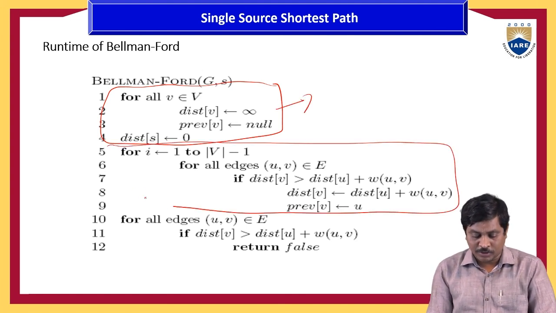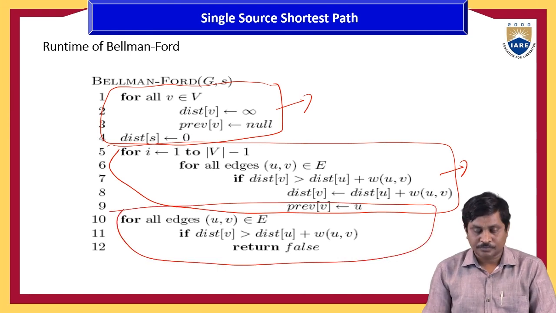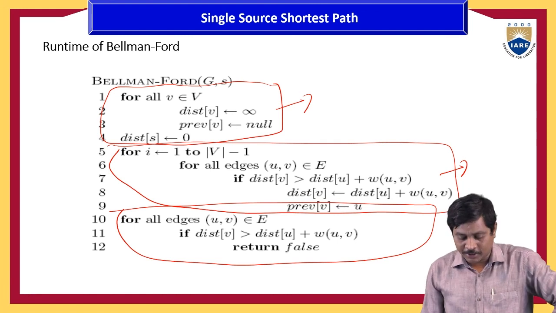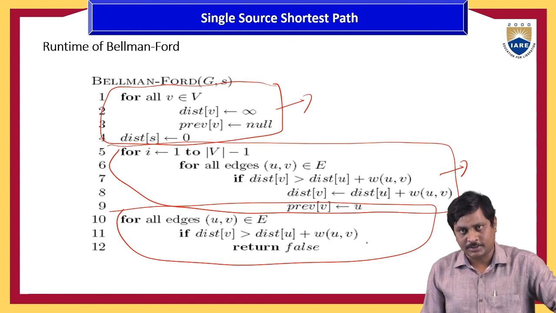Next, in this piece of code, we iterate this algorithm for all vertices or edges, and also we update the values. In this piece of code, we find negative edge cycles. If any negative edge occurs, we consider that negative edge in the shortest path, but we won't consider a negative cycle in the shortest path.